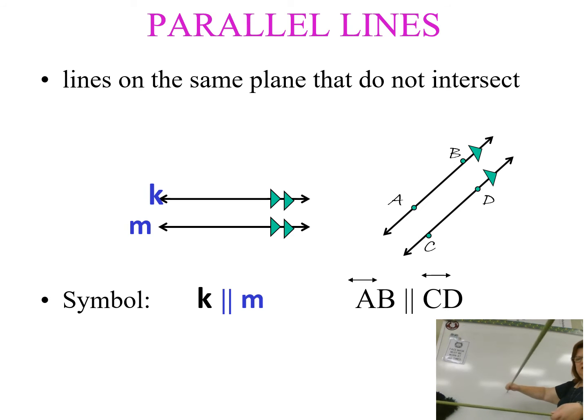One's coming out from the board towards you and the other one's still going straight across. Are they touching? No. Will they ever touch? Their lines keep on going. No, they're not going to touch. So that's not parallel, obviously. They have to be on the same plane, same flat surface to be parallel. So that's part of the definition, not just going in the same direction, and not just not touching. It's got to have the same plane.